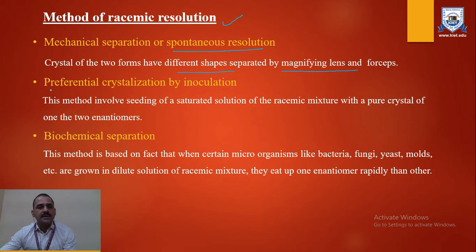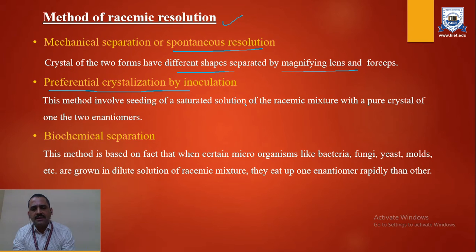The other one is preferential crystallization by inoculation, where this method involves seeding of the saturated solution of the racemic mixture, by which the pure crystal of one of the enantiomers could be easily isolated. The third method is the biochemical separation method.